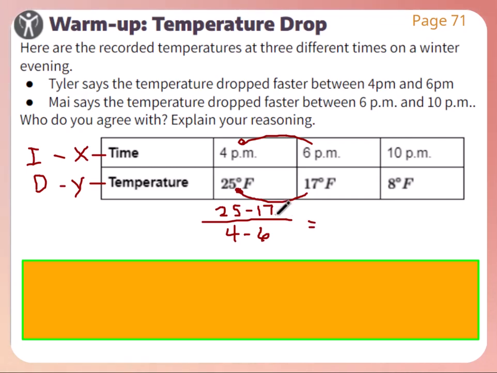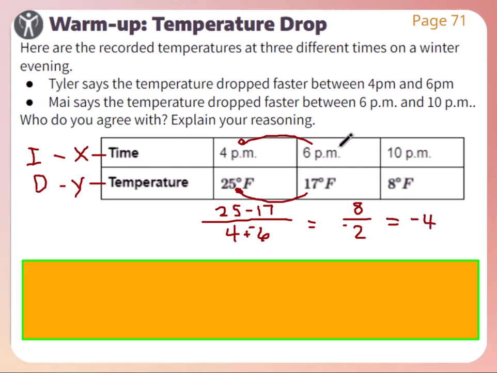All right, 25 minus 17 is 8. And 4 minus 6, change this to plus a negative. Okay, opposites subtract. So 6 minus 4 is 2. You're going to take the sign of the larger absolute value. 6 is bigger than 4, so we're going to take that negative. 8 divided by -2 is -4.